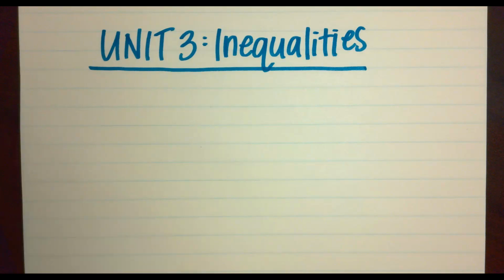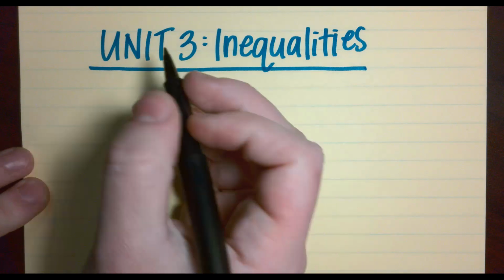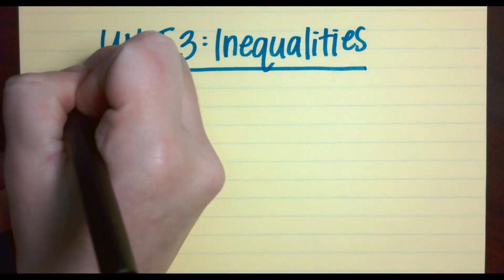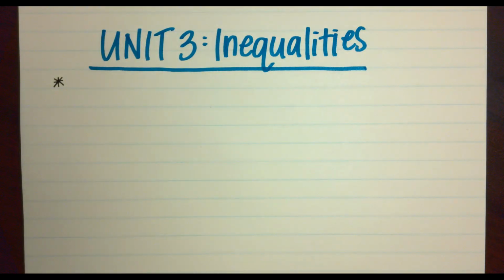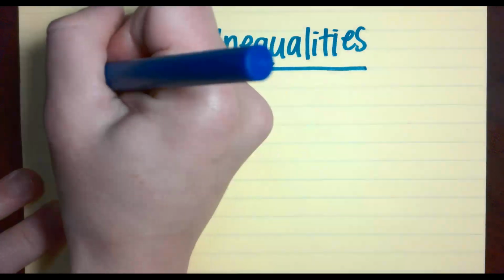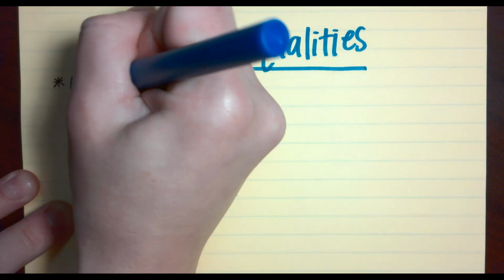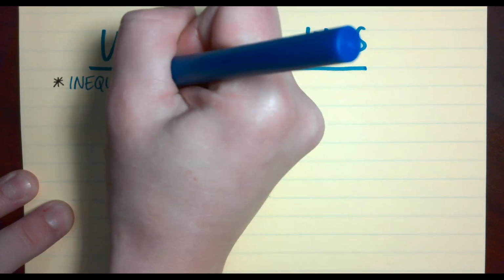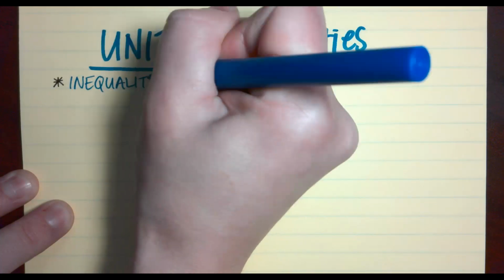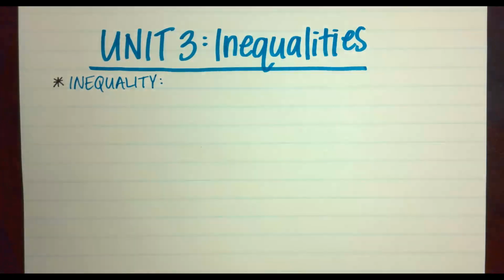So, first of all, we want to figure out what on earth is an inequality. That might be a brand new word you've never heard before. So, I'm going to give you a little definition. In the previous unit, we were working with equations, if you guys remember.